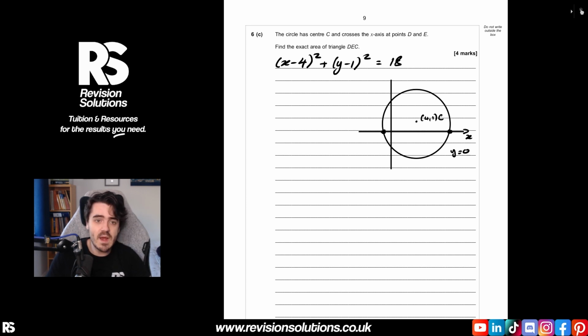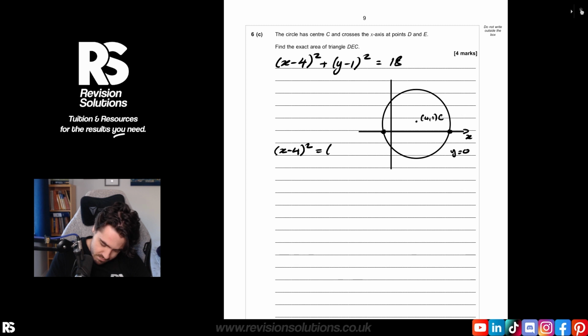So if we substitute y equals 0 into our equation, we're going to get (x minus 4) squared plus (0 minus 1) squared equals 18. So then minus 1 squared is just 1. So take that over the other side, we'd have (x minus 4) squared equals 17.